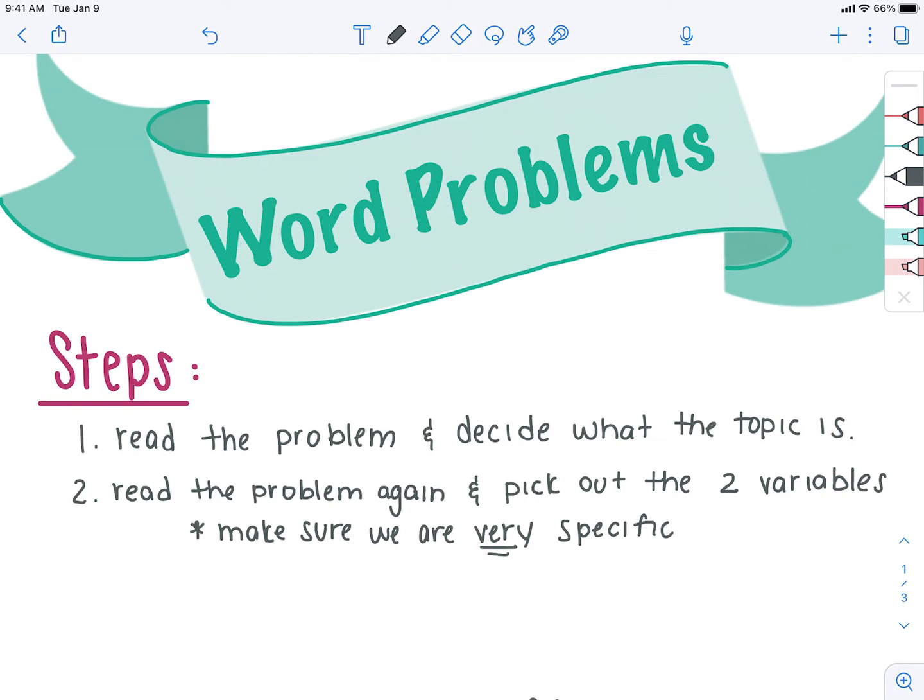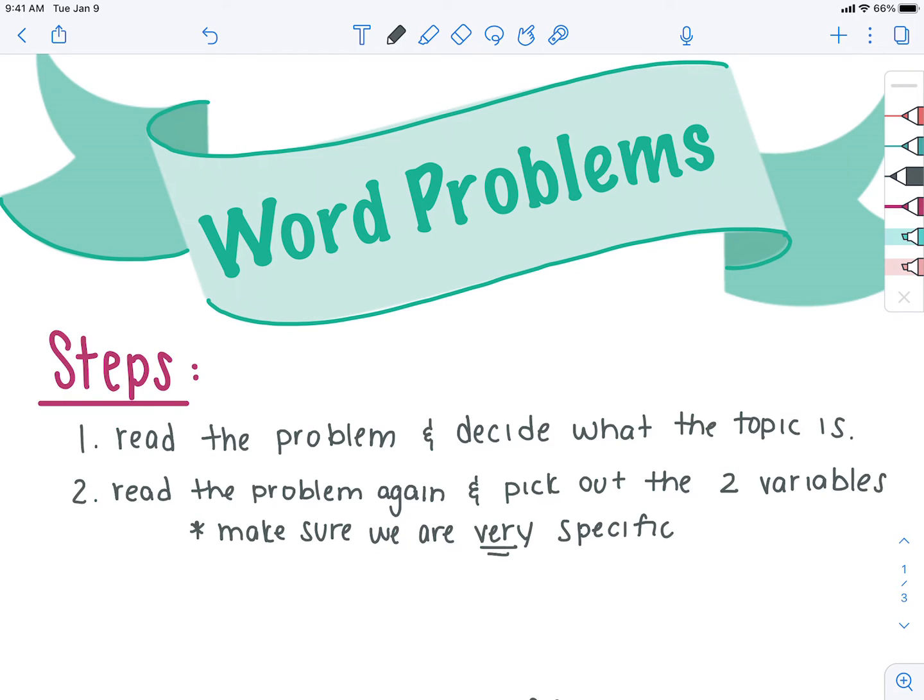We want to say things like D is the number of students in the drama club, or A is the amount of money we paid for the apple. We want to be really specific with what we're actually measuring so that when we go to write the equations, it's easier. We don't want to just say, oh, D, drama club. We want to say what we're counting in the drama club.